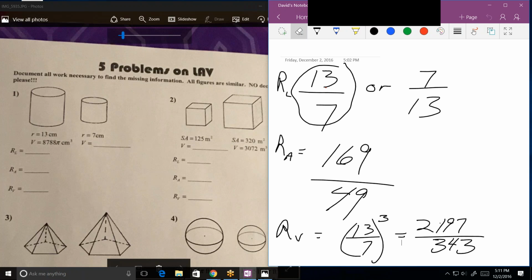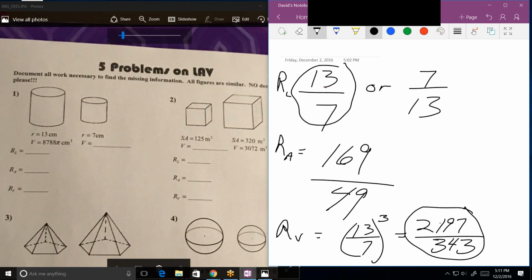So what is the volume that they seek? I have no clue. Well, our volume ratio is that, right? Yeah.